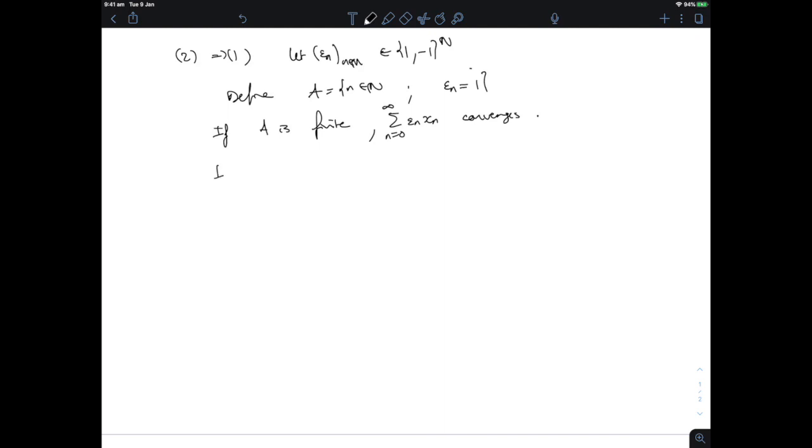Now what happens if A is infinite? If A is infinite, then you can rewrite A as an increasing sequence of natural numbers, with n_k increasing.